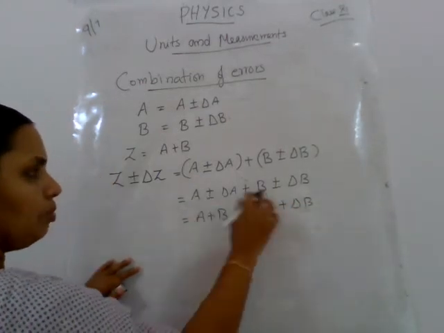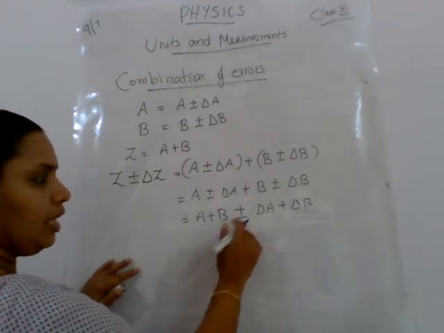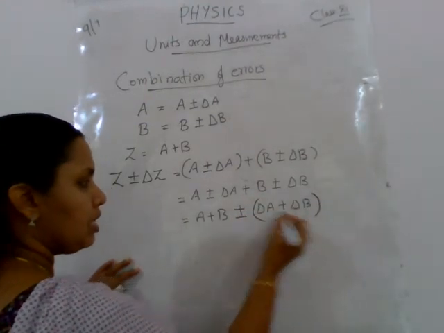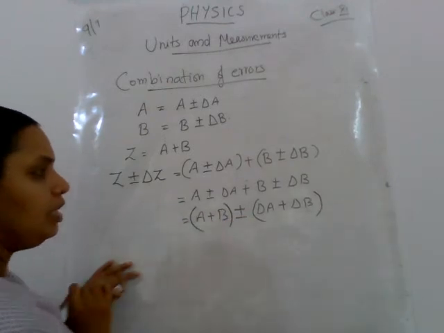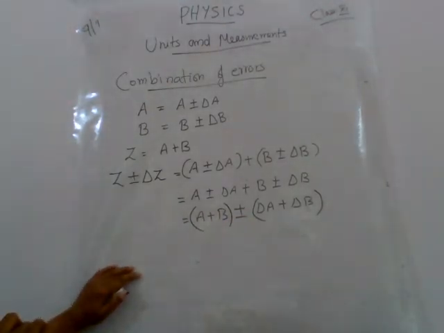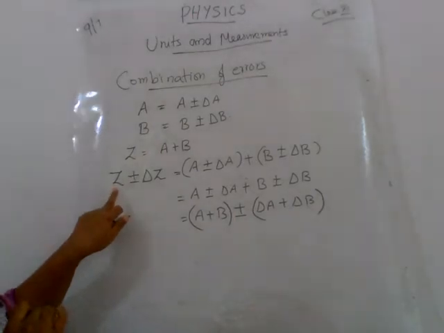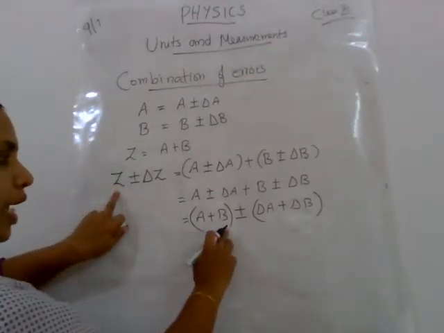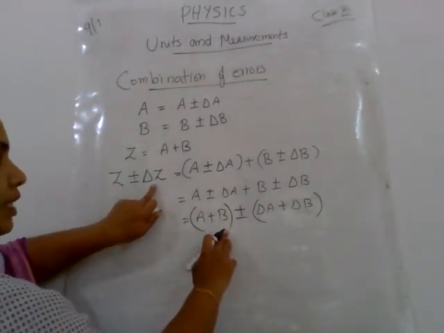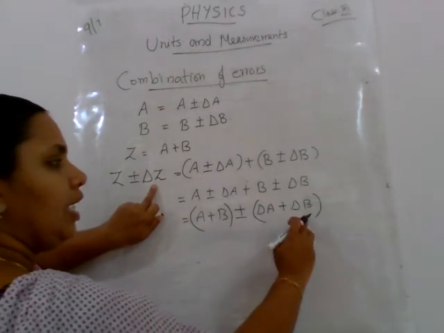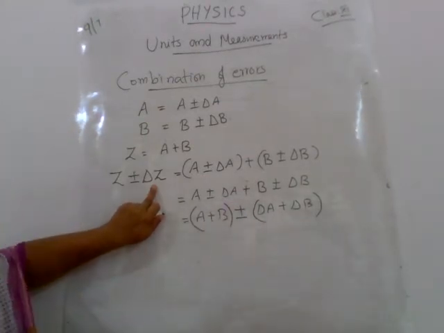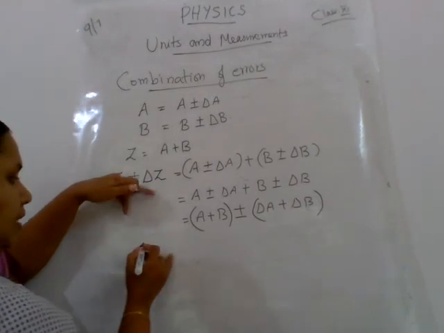Plus or minus is common here, so that is taken outside. Put delta A plus delta B inside the bracket. So comparing with this, Z is equal to A plus B, and delta Z is equal to delta A plus delta B. So what is the resultant error?